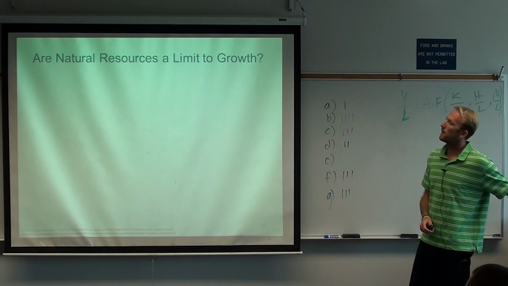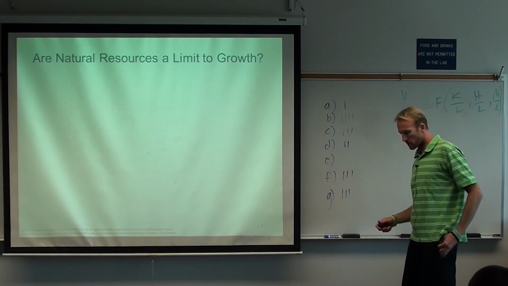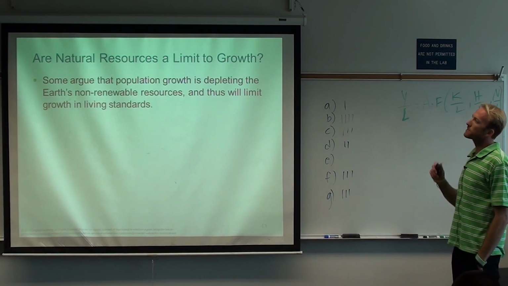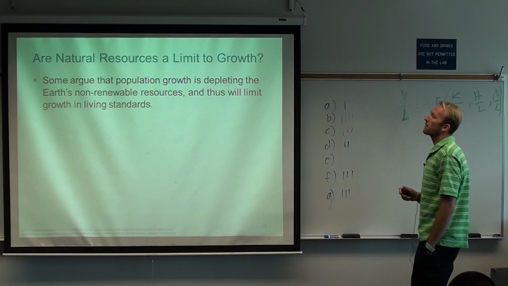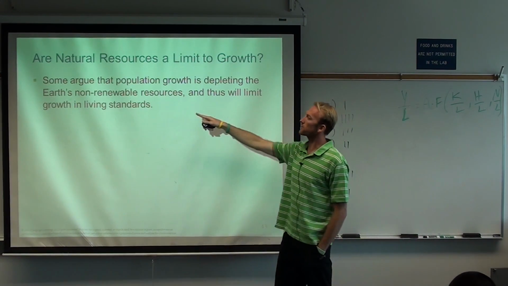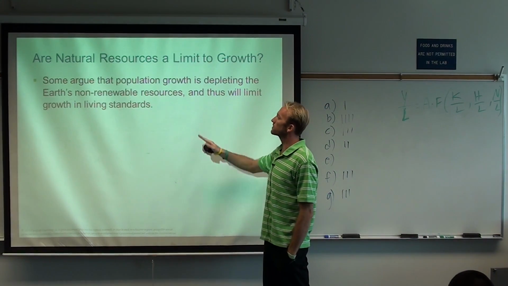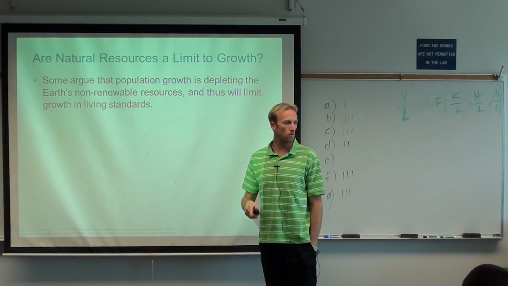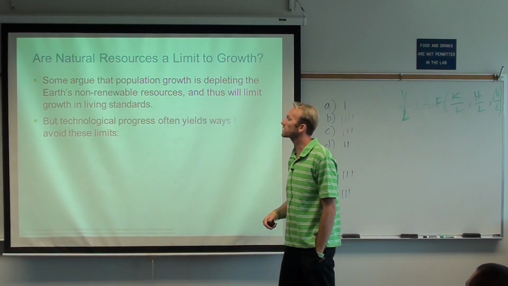Okay. Now, the question here that I want to bring up, we're going to talk about this last thing, natural resources. Are natural resources the limit? So some argue that population growth is depleting the Earth's non-renewable resources and will limit growth in living standards, right? We're going to run out of oil, we'll run out of coal, we'll run out of trees or forests or something like that.